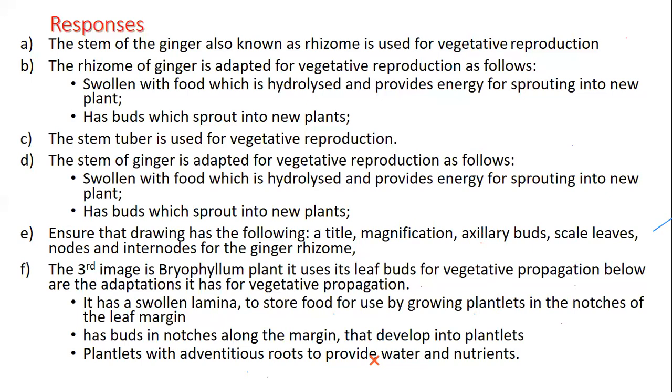Then substitute in the formula: image size divided by object size, the object being the actual tomato. The answer you get is the magnification. If you got an answer like 1.8, you can easily round it off to times 2. Or 1.9 is the same as times 2. If you get 1.5, then you write times 1.5.